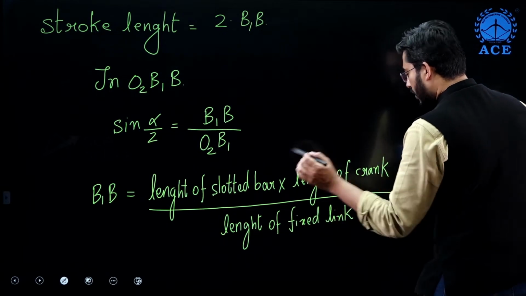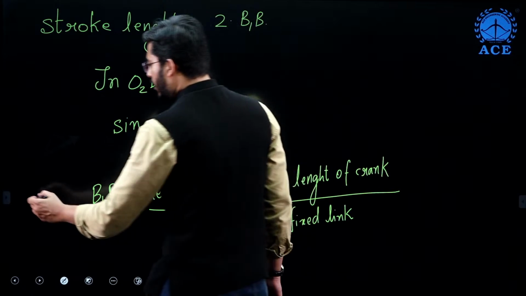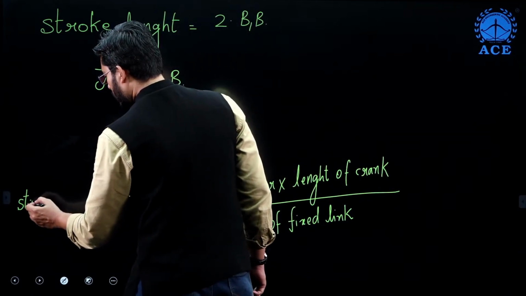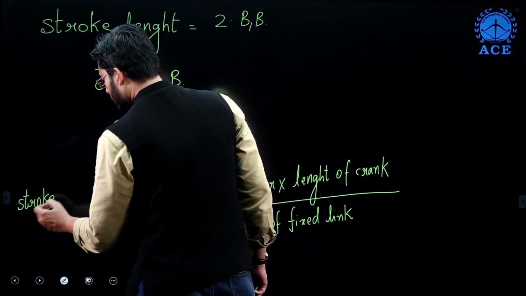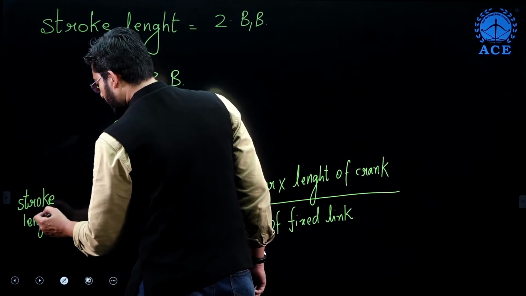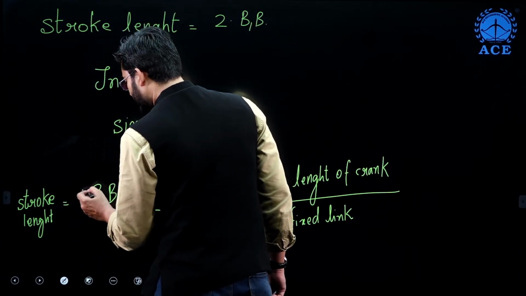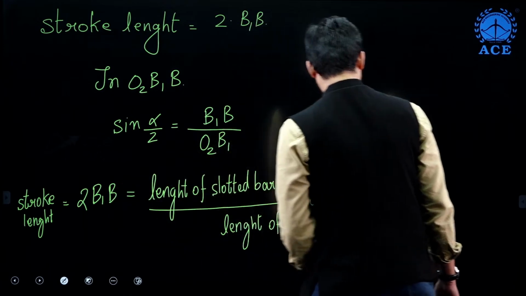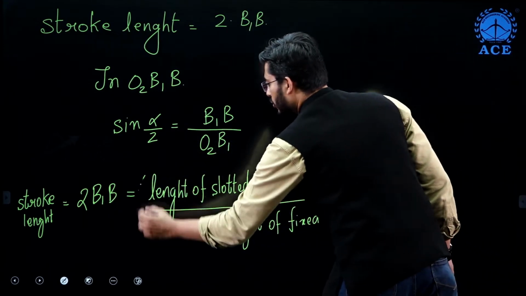Now, here the stroke length is equal to 2 times of B1B. So I need to multiply this with 2.